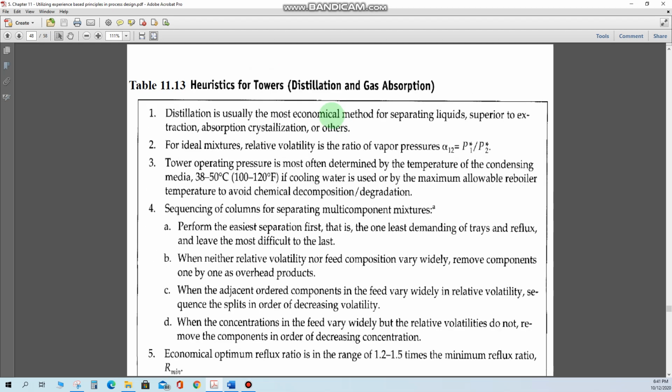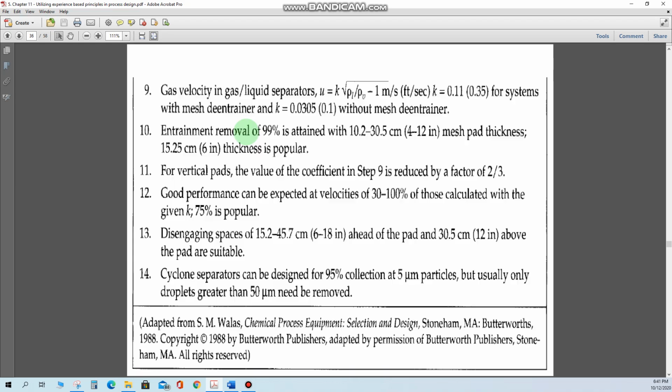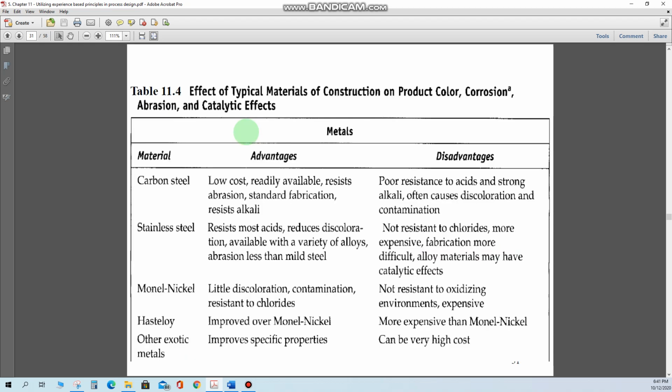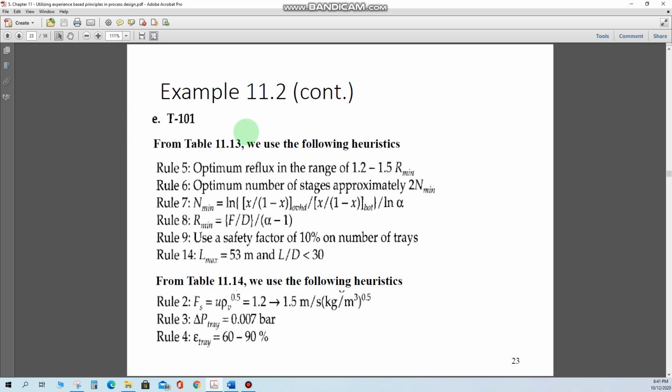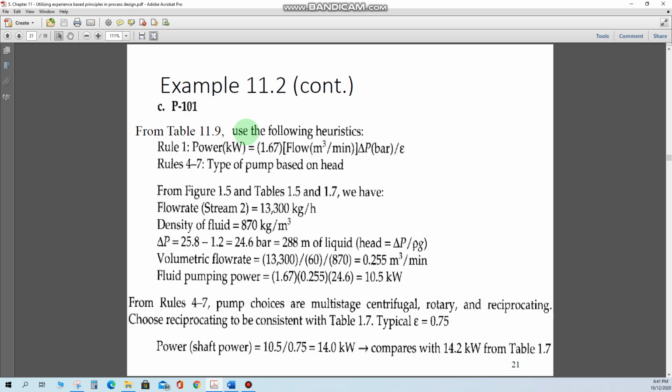So for each of the equipment that we have in the flow sheet, we will find the relevant heuristics, and today we will solve some of the units provided in the example, and we will use some of the heuristics from the given tables to find the unknown parameters or the size of the equipments.